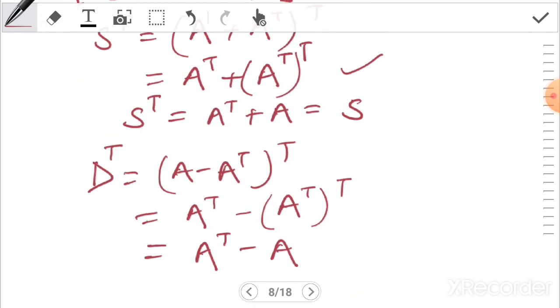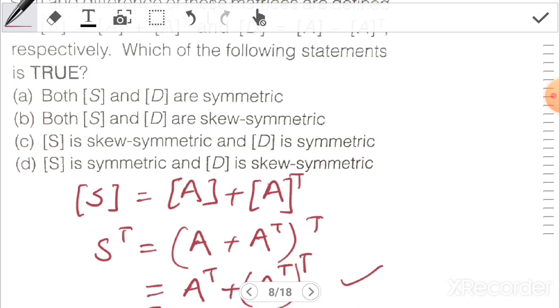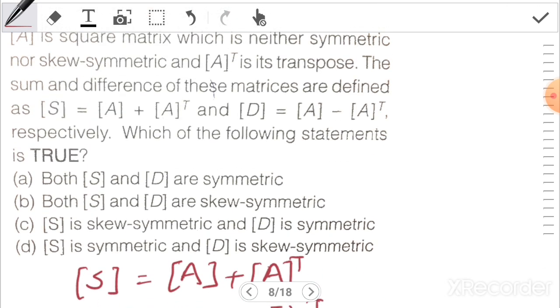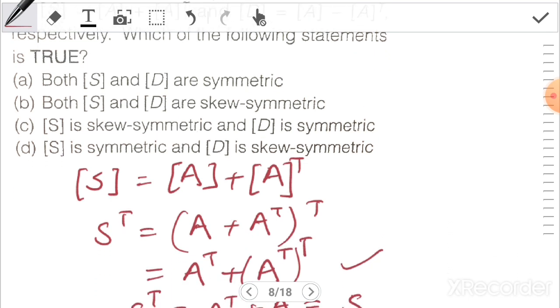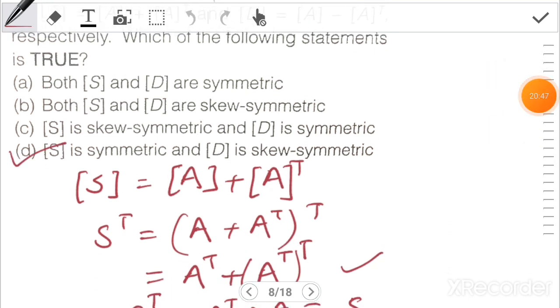So D transpose is equal to minus D. Clear? So D is a skew symmetric matrix. So S is symmetric and D is skew symmetric. So D is the correct answer. Okay, let's go to the next question.